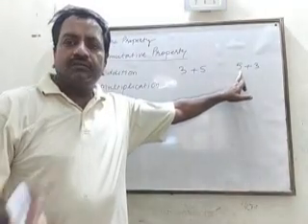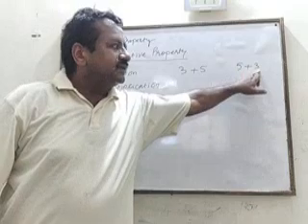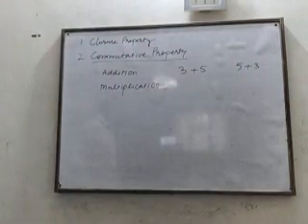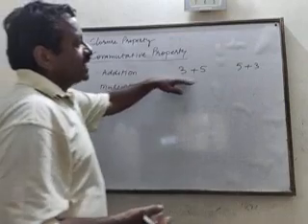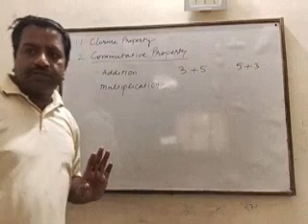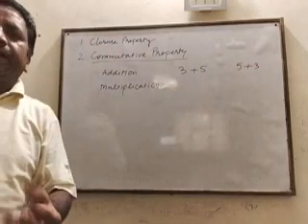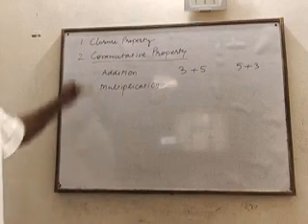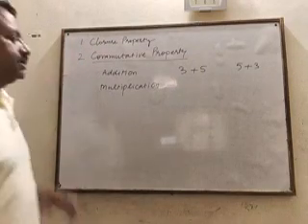And here 5 at the first place, 3 at the second place. But we are getting the same answer. So integers are commutative under addition. Not only integers, every kind of number is commutative under addition and multiplication.